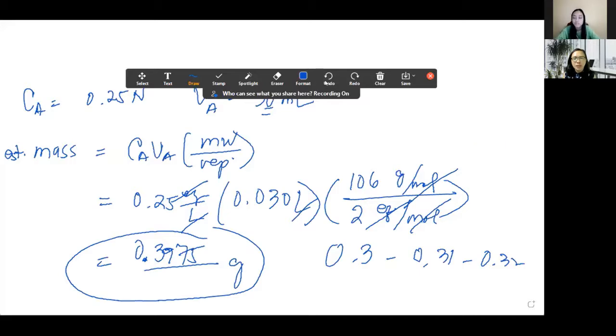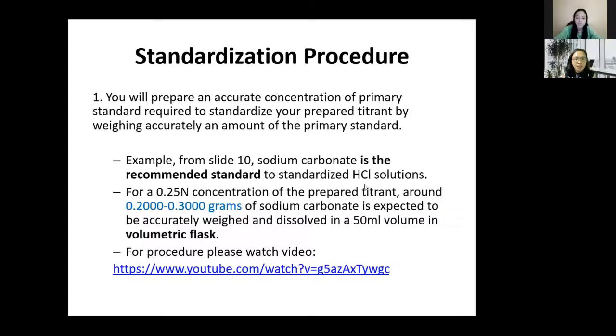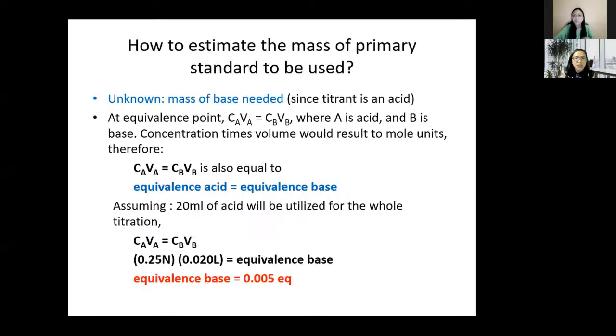Questions on this part? After the standardization procedure, we estimate the amount of mass that we will use. The next thing that you should do now is standardize. We have an example here, and in our example, the volume he wants is 20 ml.